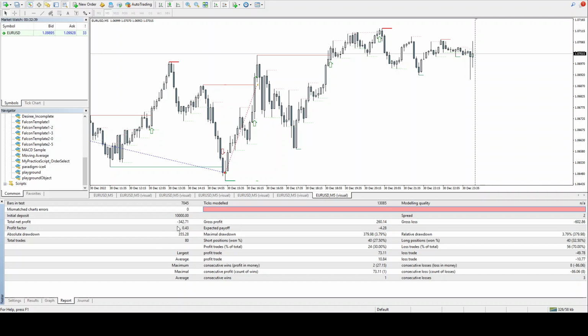It's not that significant, but it's still something, especially if you are going to be trading on a prop account, where the maximal absolute drawdown is 10%. So at least if it is a 3.4% drawdown for a month, it's still not that bad, especially considering it is December. The maximal drawdown is 3.79.